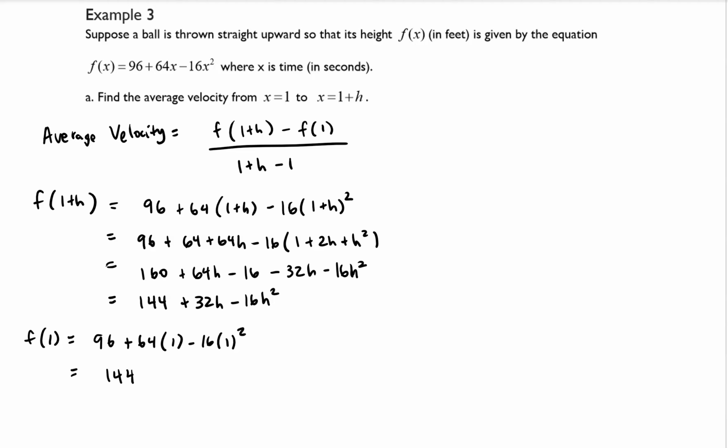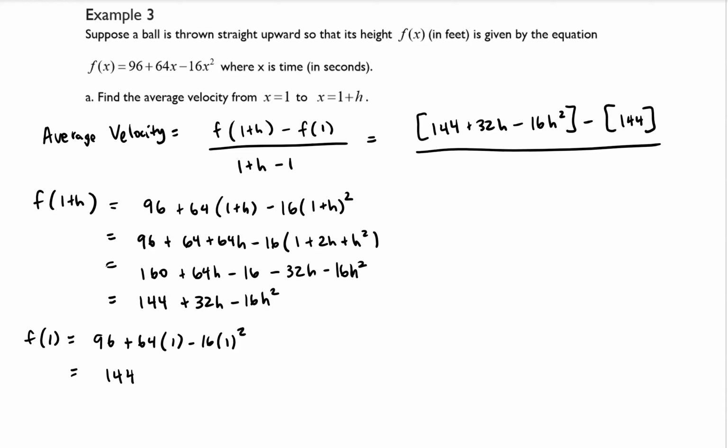So let's go ahead and come back up here and simplify this thing. f of 1 plus h we found was 144 plus 32h minus 16h squared, and then f of 1 was 144. And then notice that this 1 and this minus 1 will result in 0, so our new denominator is just going to be h.